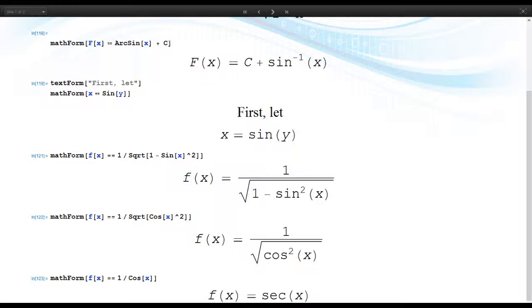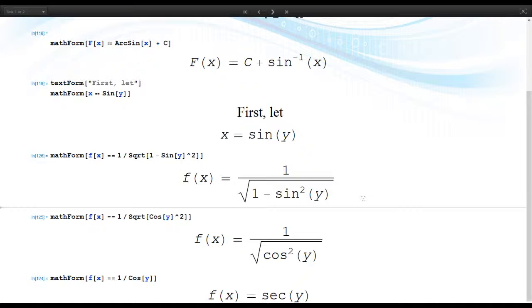I'm sorry, these should all be in y's, not x's. So now we have f is equal to secant of y.